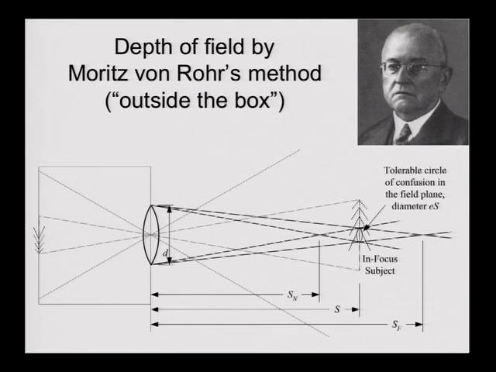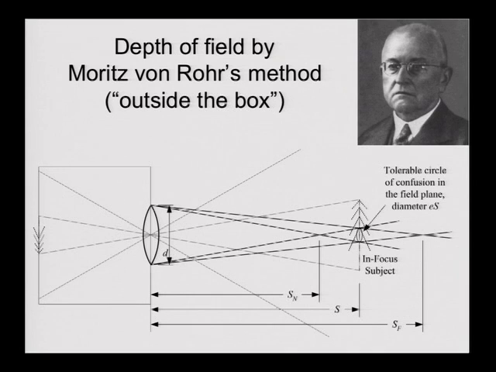And that's what von Rohr showed in his method, is that you can just look out here in the object space, and if the camera is collecting light from an aperture of some diameter, and it's perfectly imaging some object plane out here into the image plane, you can figure out how much blur any point in the object space has by projecting that point with these cones into this plane, and then see how big the blur is in this plane.